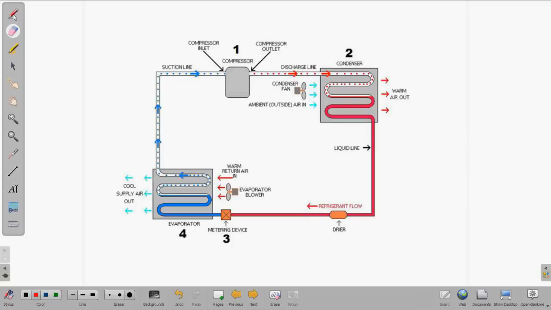Okay, so undercharged system. Let's just start right here at the metering device, and this is going to be a fixed orifice metering device. What happens is we have our refrigerant coming into the evaporator coil, and it starts to boil off. But instead of being boiled off over the whole coil, it's all boiled off right here.